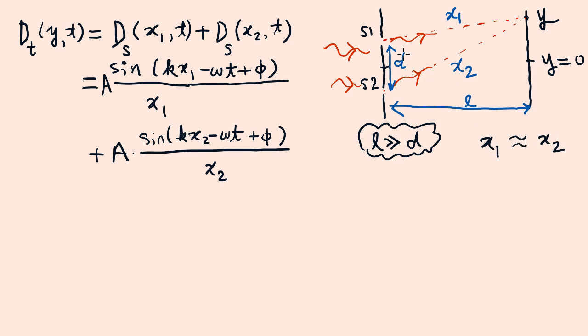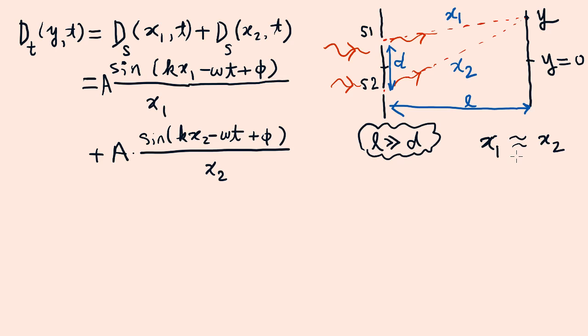You can elaborate on this math a little bit in my written lecture note online, but I'm going to skip that step, and you can do that trigonometry or Pythagorean theorem yourself.